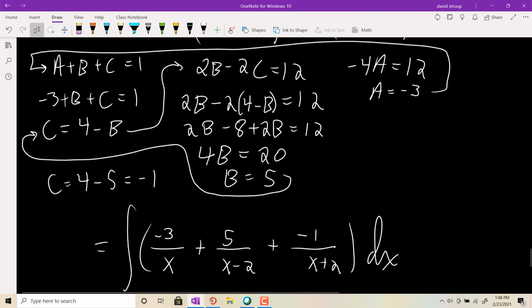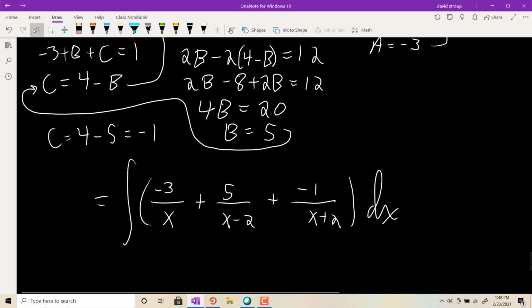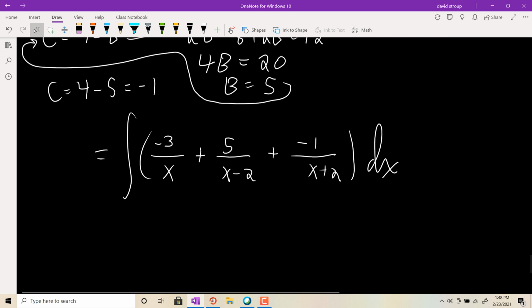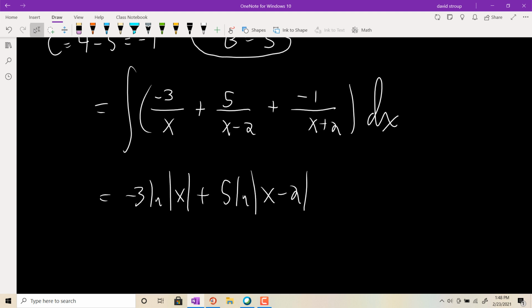Let's make sure I got them in the right places. A with x, b with x minus 2, c with x plus 2. Yeah, okay. And then each one of those is just a natural log, right? So you get negative 3 ln absolute value x plus 5 ln absolute value x minus 2 minus 1 ln absolute value of x plus 2, and then plus C. And that's it.